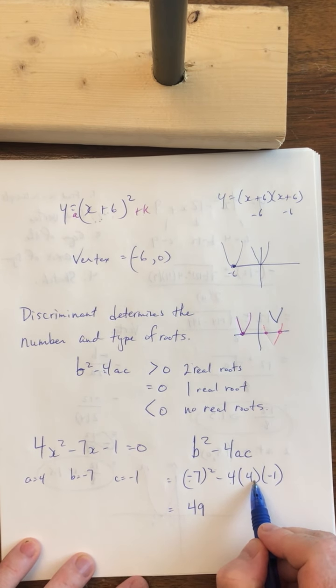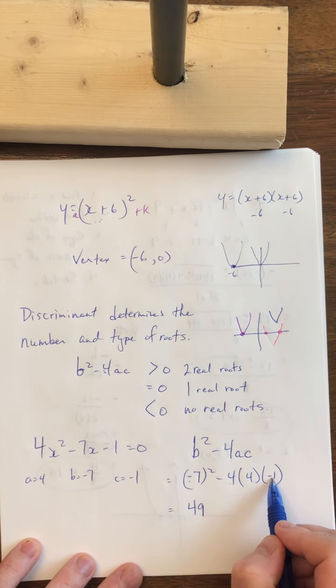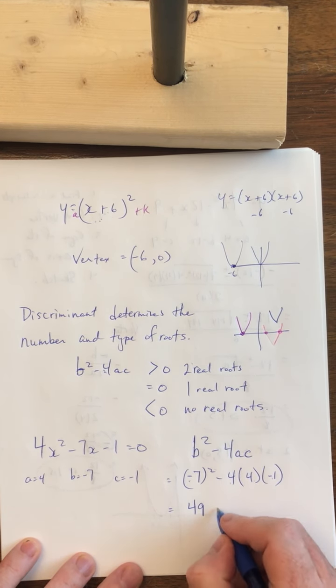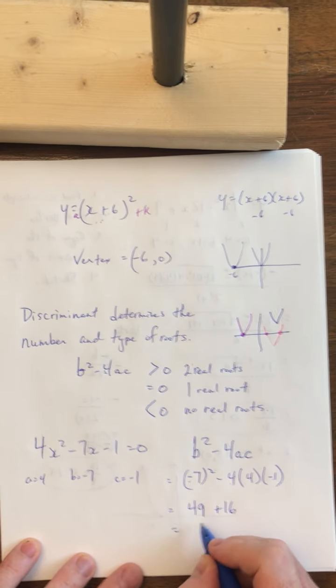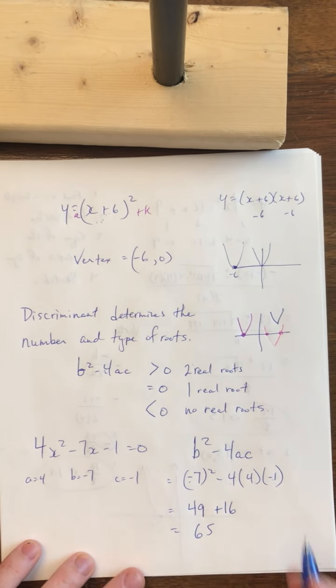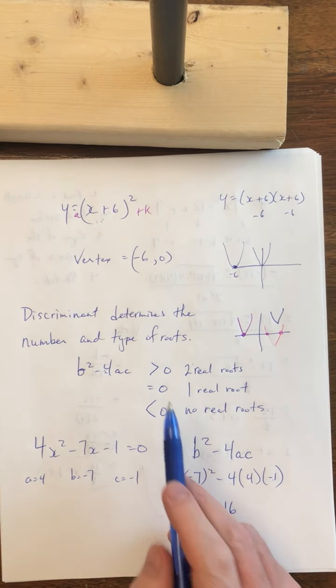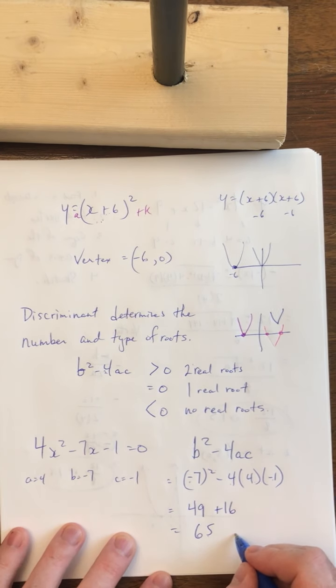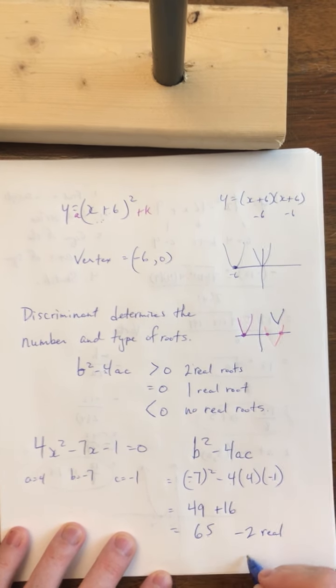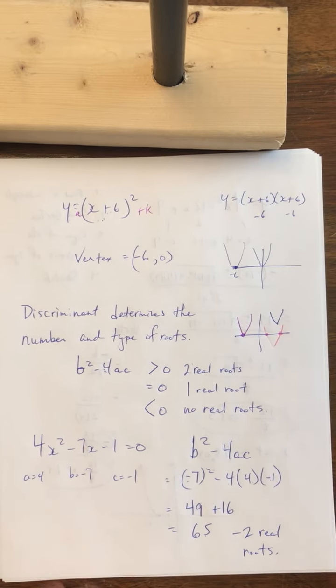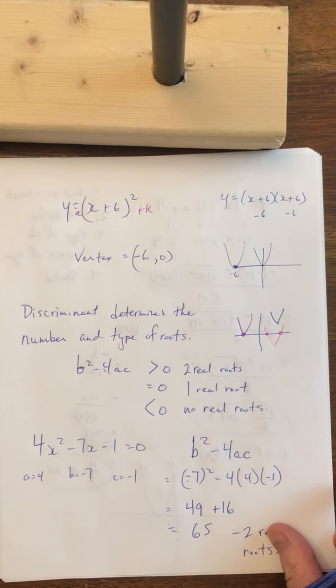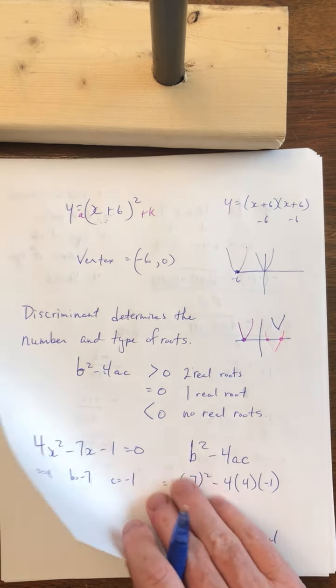Minus 4 times 4 is -16. Times -1 is +16. And we get an answer of 65. 65 is greater than 0, so we have 2 real roots. So we can determine how many roots we have by using just that part of the formula.